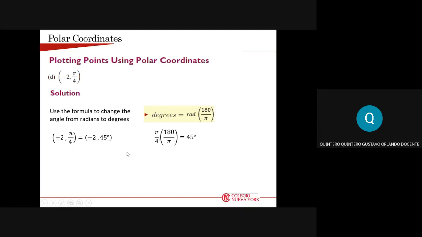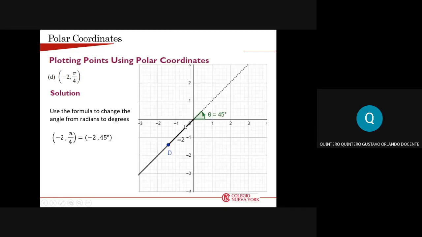All right. So how do we measure this angle? This is how it will look in the plane. So 45 degrees, remember, always begin with the theta, with the angle. 45 degrees is exactly here, exactly in the middle of the quadrant. And now we are going to measure 2.